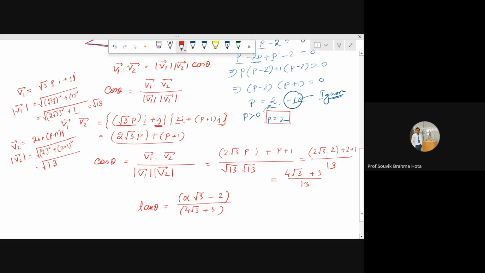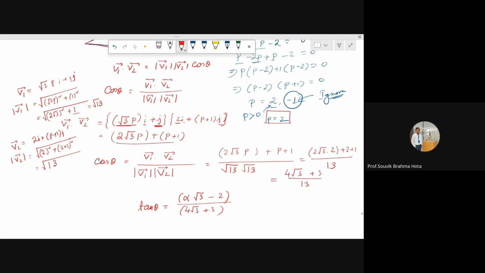Now you see cos theta is equal to 4 root 3 plus 3 divided by 13. Now tan theta is given as alpha root 3 minus 2.